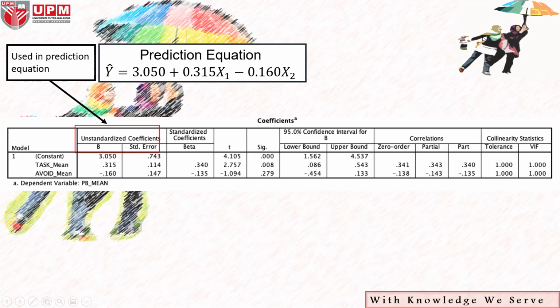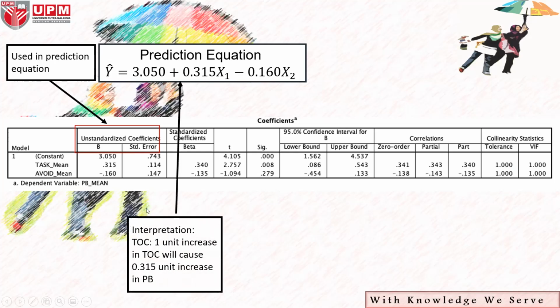Based on this prediction equation, for 1 unit increase in task-oriented coping, philanthropic behavior will increase by 0.315 units. Meanwhile, for 1 unit increase in avoidance coping, philanthropic behavior will decrease by 0.16 unit. That is how we interpret the unstandardized coefficient values.